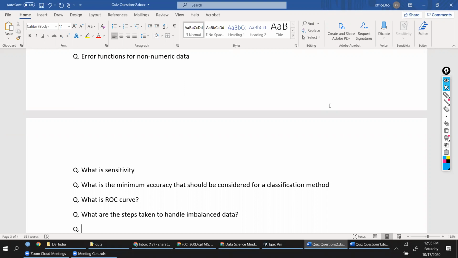How do I do classification? Let me ask this. What is the tuning parameter in KNN classifier?